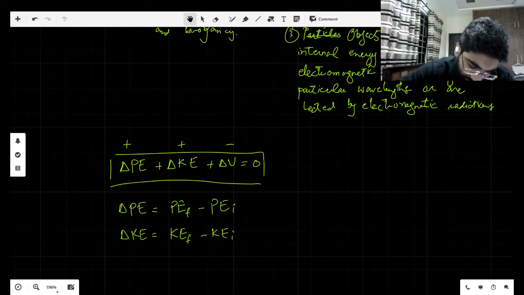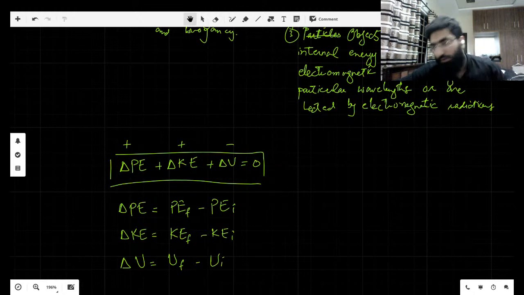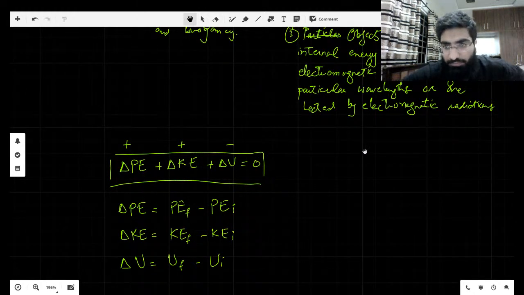And change in total internal energy would be equal to U final minus U initial. All right. Shall we do the question of this topic as well?